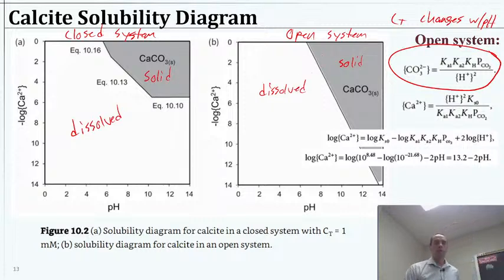And you will notice that this curve is pretty close. This one dips down to a lower pH, but it's fairly close to this in terms of where it starts becoming a solid. And if we put all these pieces together, the line here will be described as log of Ca2+ is equal to 13.2 minus 2 pH.